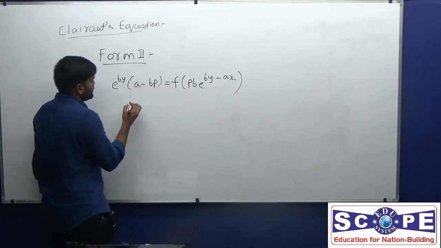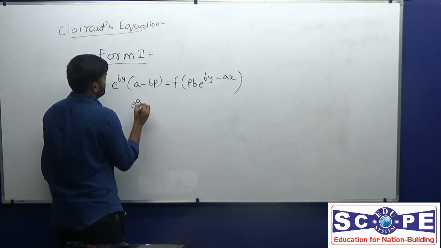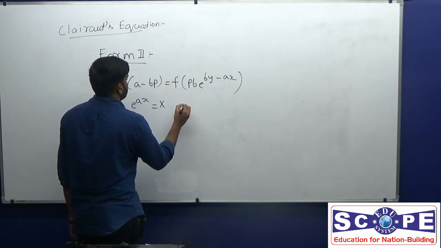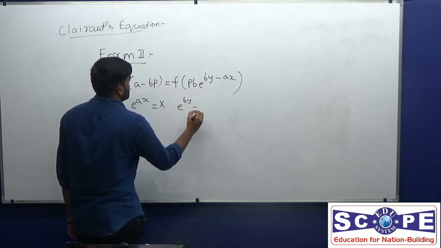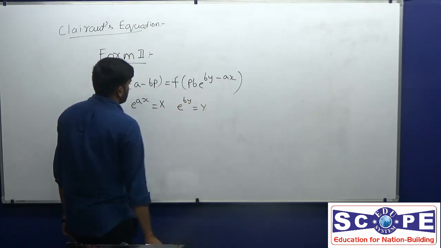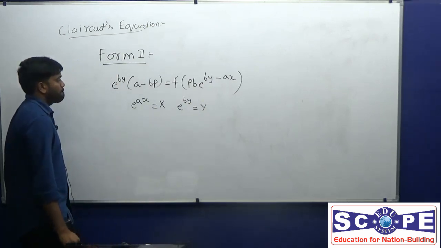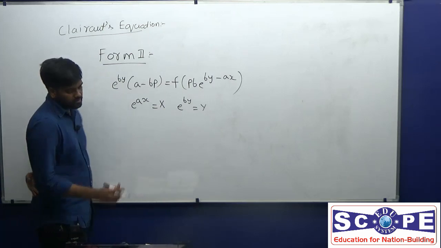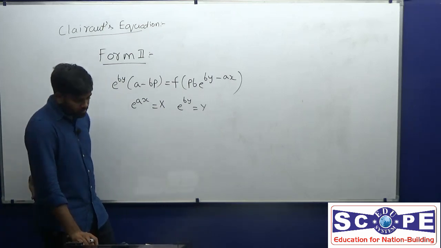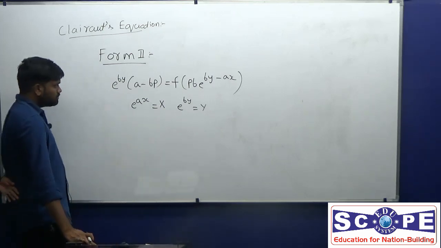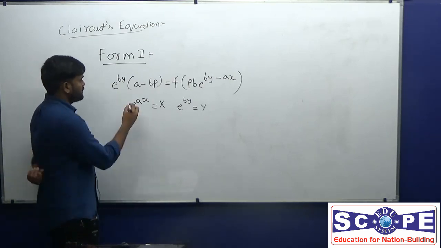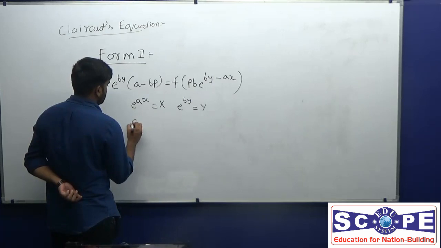Then in these cases, we will take e power ax as capital X and e power by as capital Y. If you differentiate it, what will we get?